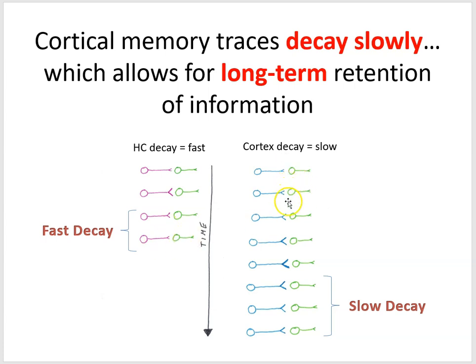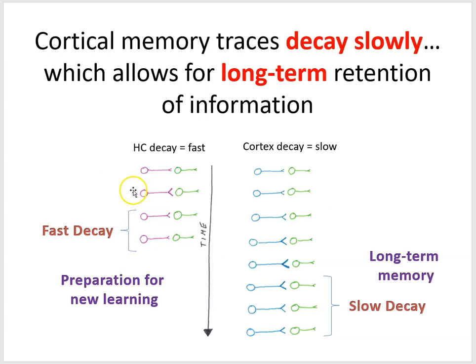Whereas while it takes multiple learning episodes to strengthen the cortical memory traces, once they are strengthened, they decay slowly. And this makes cortical synapses a good repository for long-term memories. So we want to think of the fast decay as serving a function to prepare for new learning in the hippocampus, and slow decay in the cortex serving a function to sustain and maintain long-term memories.